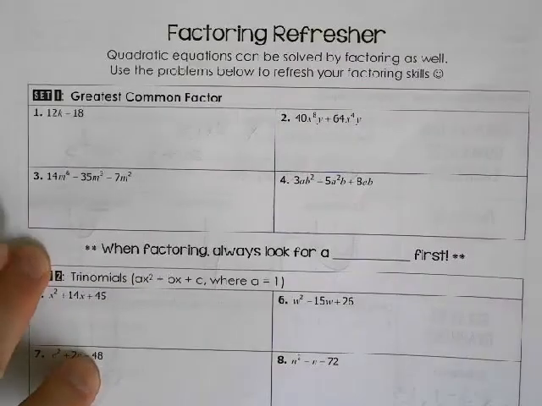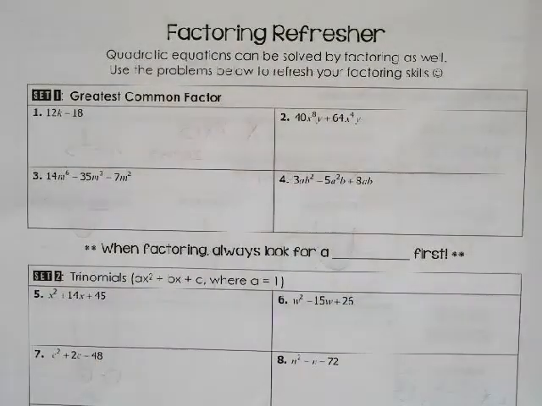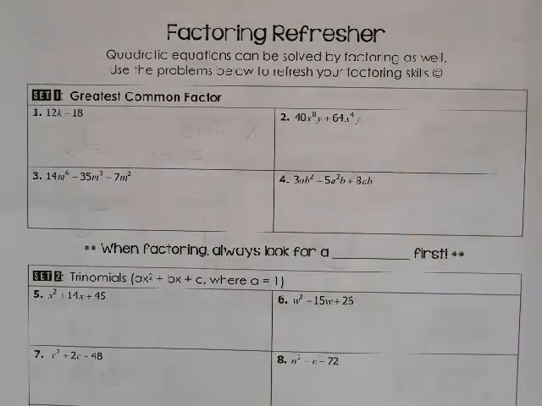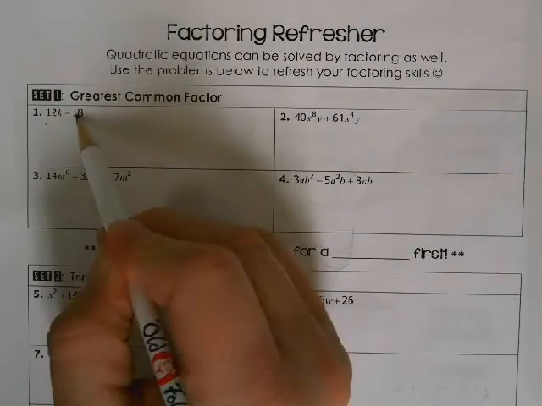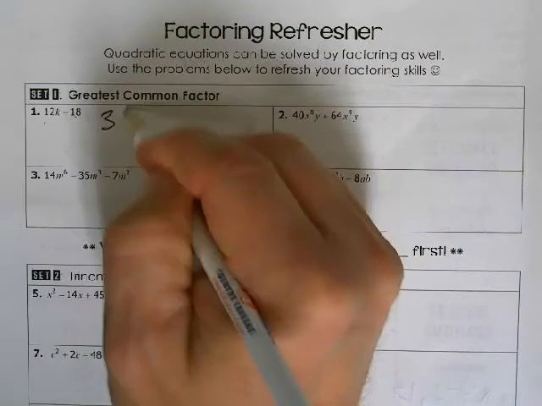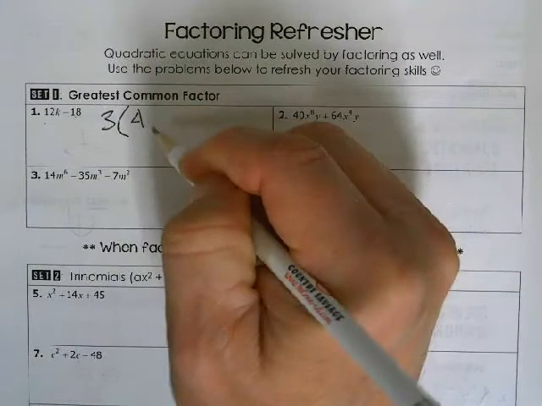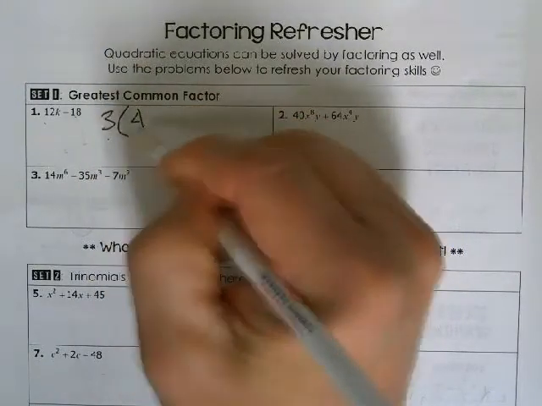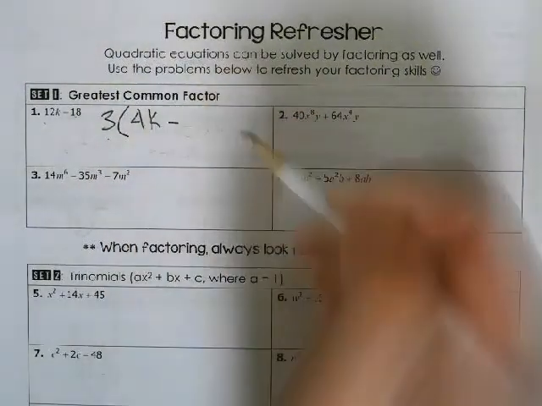Let's go on. So we can solve by factoring. But it's been a while since we've done factoring, so let's do a quick refresher. Greatest common factor. Take a look at number 1. See if there is a greatest common factor here. 3 goes into both 12 and 18. 3 goes into 4 or 12k. 3 times 4k is equal to 12k, right?